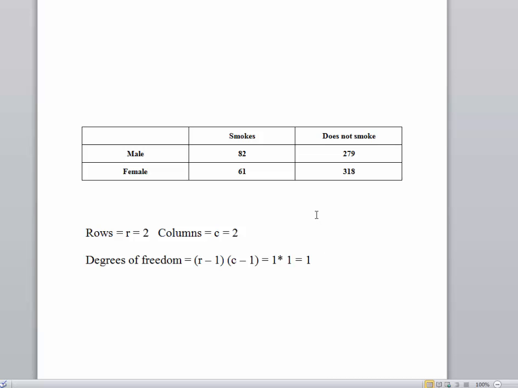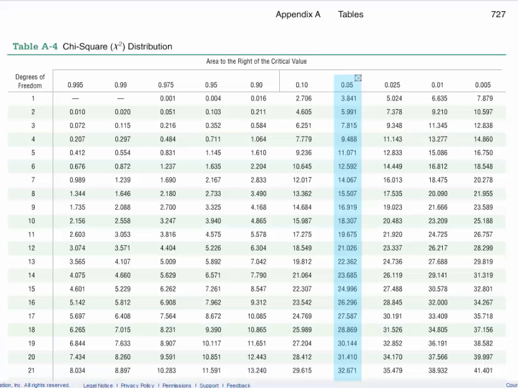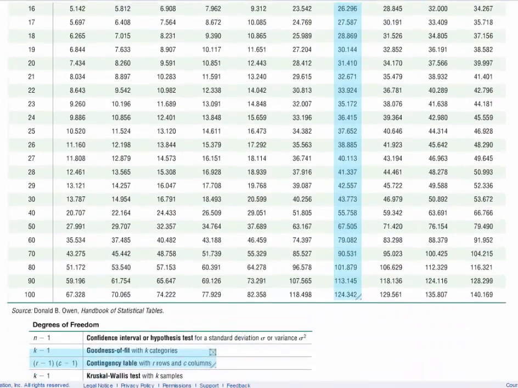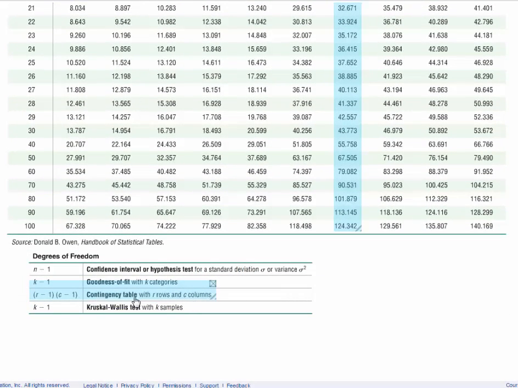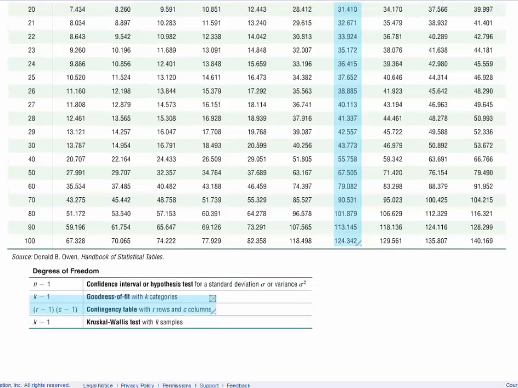So for this test, our critical value would be, for 1 degree of freedom, 3.841. That's your critical value. So those would be for the chi-square test for independence. And down here at the bottom we see, to remind us, contingency tables, R rows, C columns. This is how many degrees of freedom.